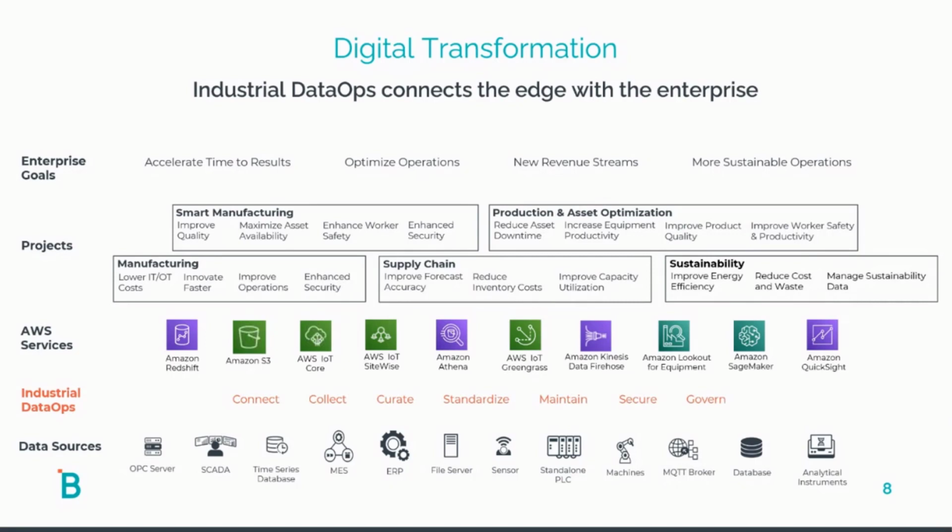It provides connection, the ability to collect data, curate it, standardize it, maintain those connections and standardizations, secure the data, and then to be able to govern, not just within a single site or within a single machine, but to be able to govern across the enterprise. And that's really the goal of your industrial data ops team and discipline.